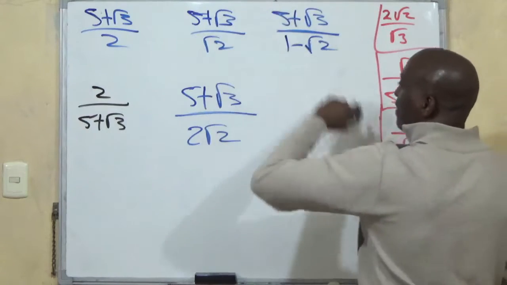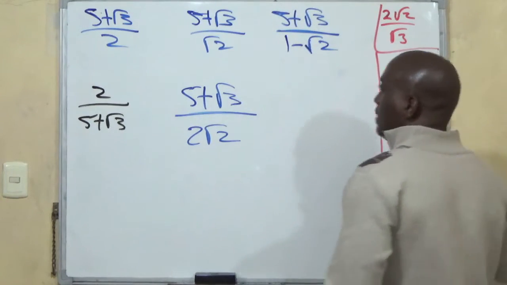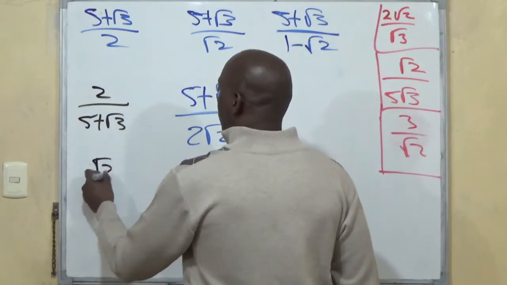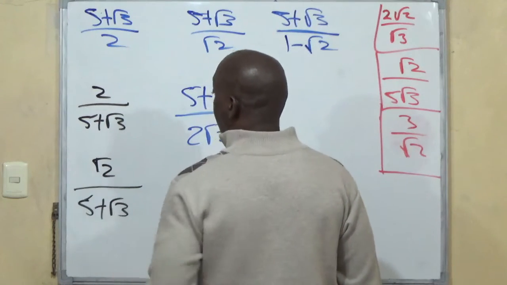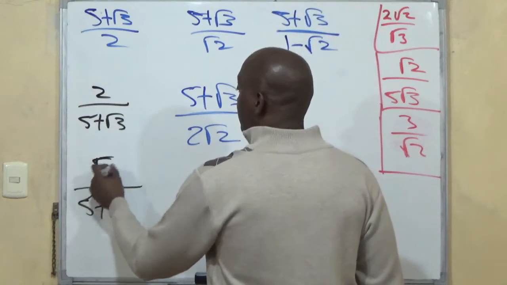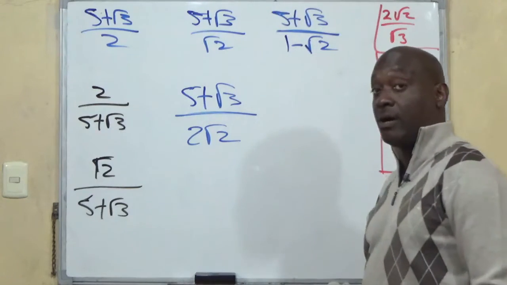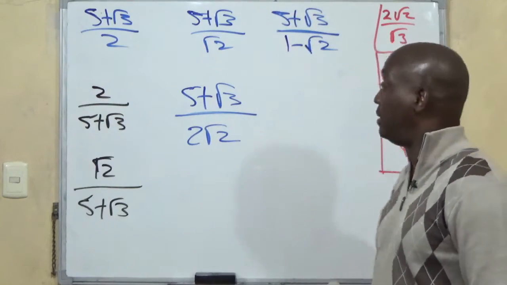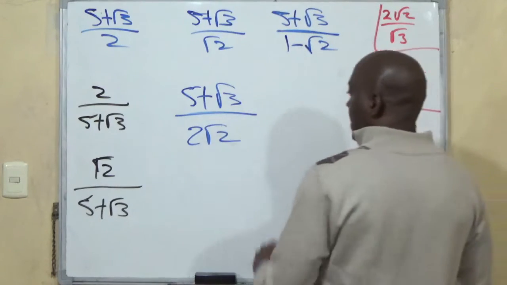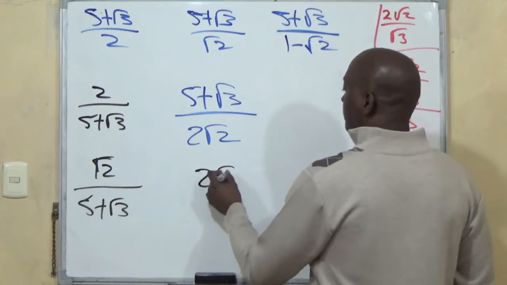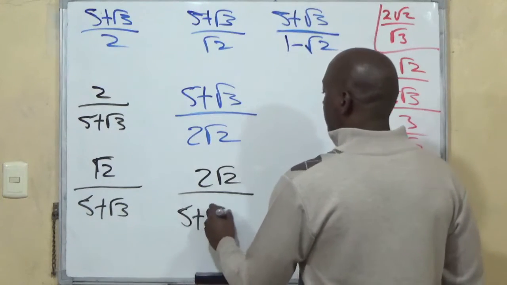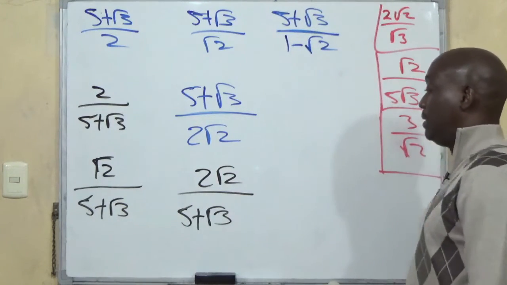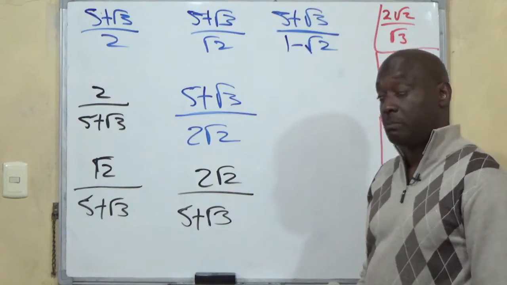Instead of 5 plus root 3 over root 2, you could have root 2 over 5 plus root 3. You have a simple surd in the numerator and a compound surd in the denominator. You could have a mixed surd in the numerator and a compound surd in the denominator, 2 root 2 over 5 plus root 3.